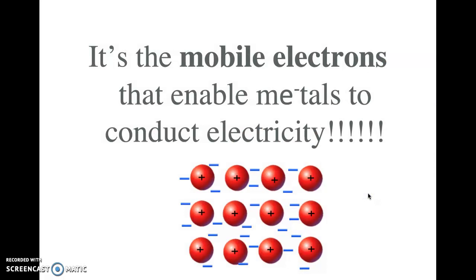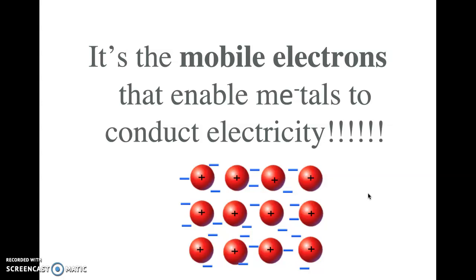So we talked about those electrons, right? The reason metals are able to be malleable and conductive and ductile is because they have mobile electrons that enable the metals to conduct electricity, to be malleable, to be ductile, all of those things.